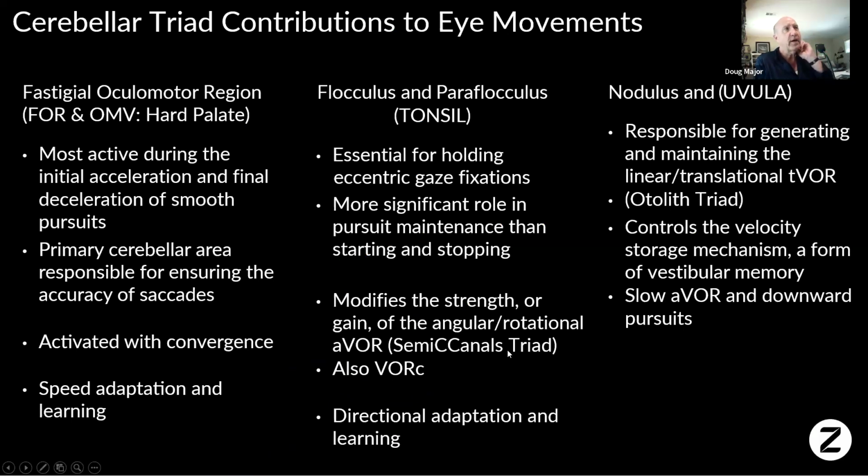So let's look at the triads now. We'll do an overview. The FOR, that hard palate, the top of our head, is used to accelerate and for final deceleration of smooth pursuits. They're also very closely associated with saccades, activate convergence, as we found out with Tara, and are associated with speed adaptation and learning.